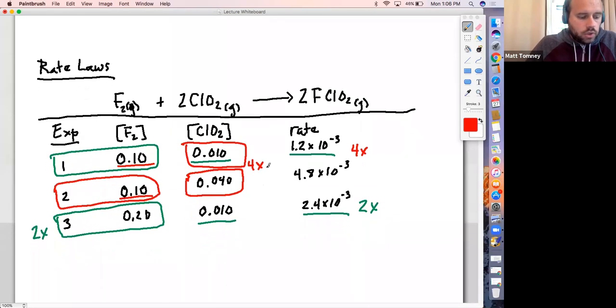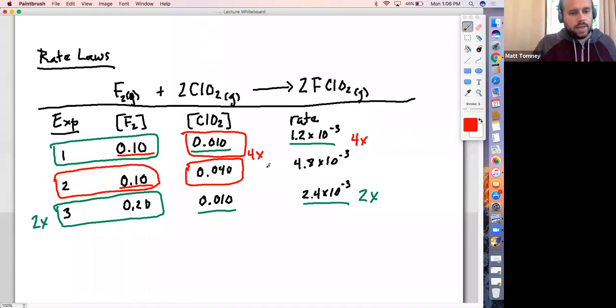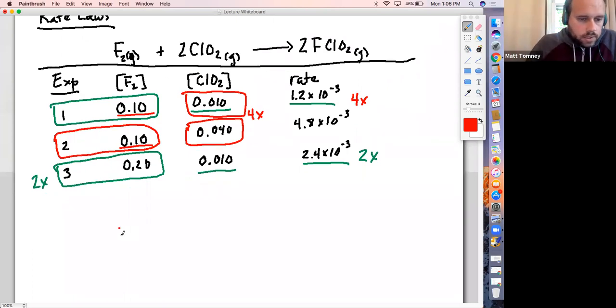All right. So what we can do based on this is we determine what's called the rate law and the order of the reaction. So the rate law is going to state that the rate will equal a rate constant, which we will call little k, times, and we said that the rate is going to share a one-to-one relationship to the fluorine.